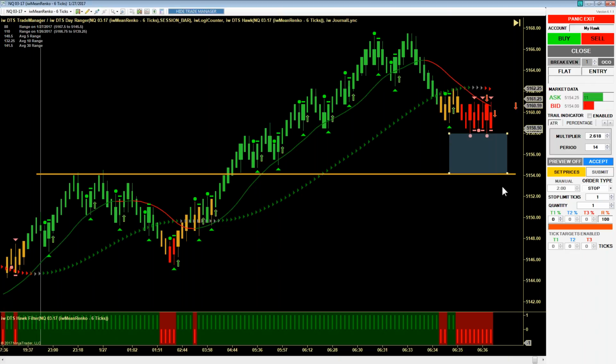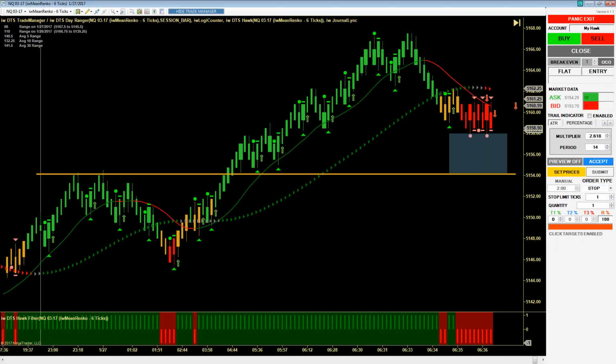Therefore, since everybody says I have to have at least a 2-to-1 or 3-to-1 risk reward, I have to keep my stops only about half that distance away. So they put their stops here.